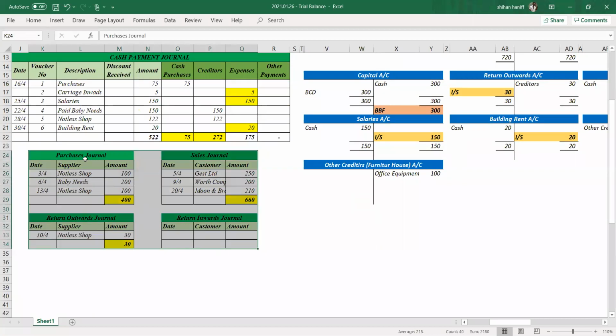We need two suppliers, Not Plus Shop and Baby Needs, and three customers, Guest Limited, Work Company, and Moon and Brothers. Okay, so let's do that as well.